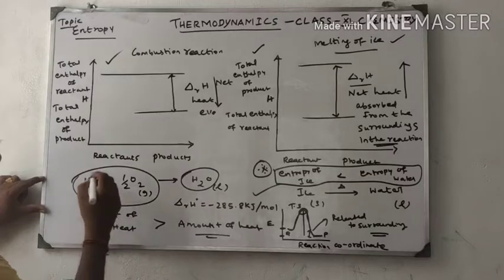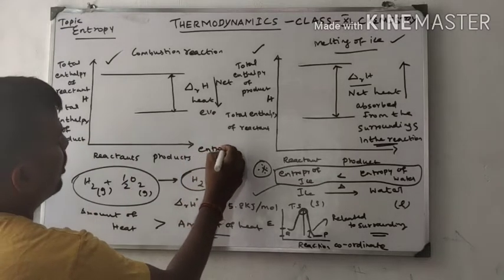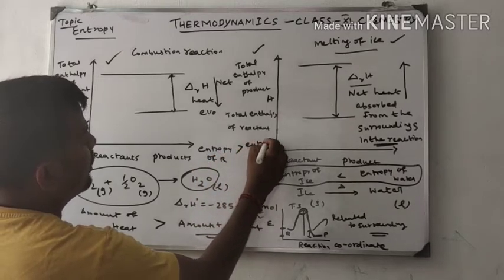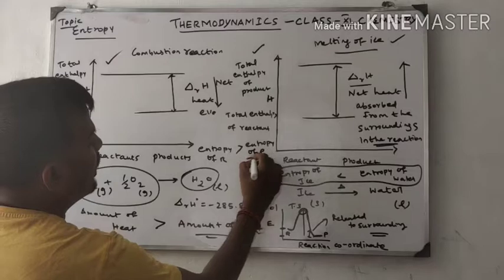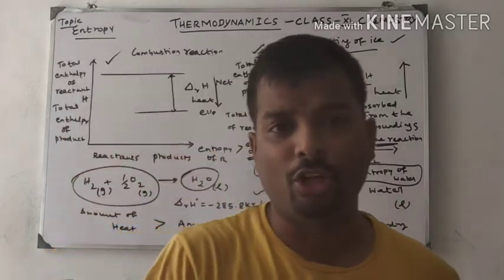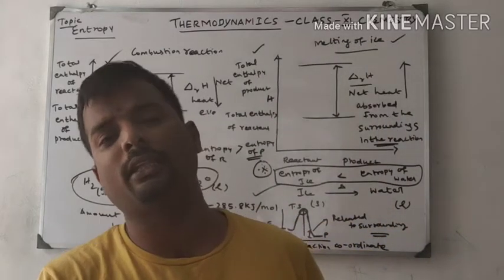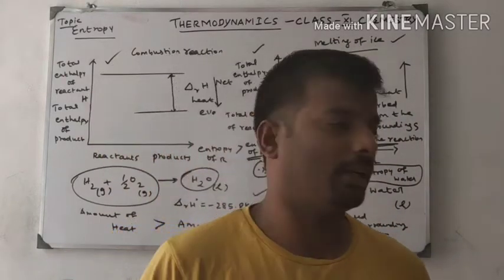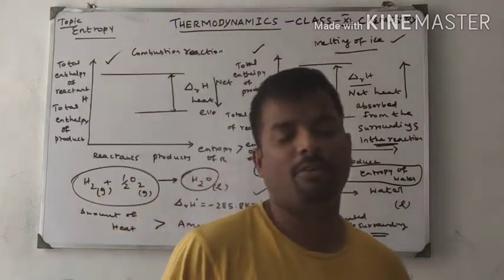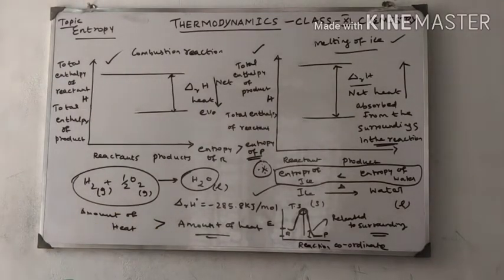Therefore, in this category, the entropy of the reactant is greater than the entropy of the product. Why? Because the product side has less energy and stability has started. So in an exothermic process, the entropy of the reactant is greater than the entropy of the product. In the other category, the entropy of ice is less than the entropy of water. It is the reverse. Okay. Go through it one more time.